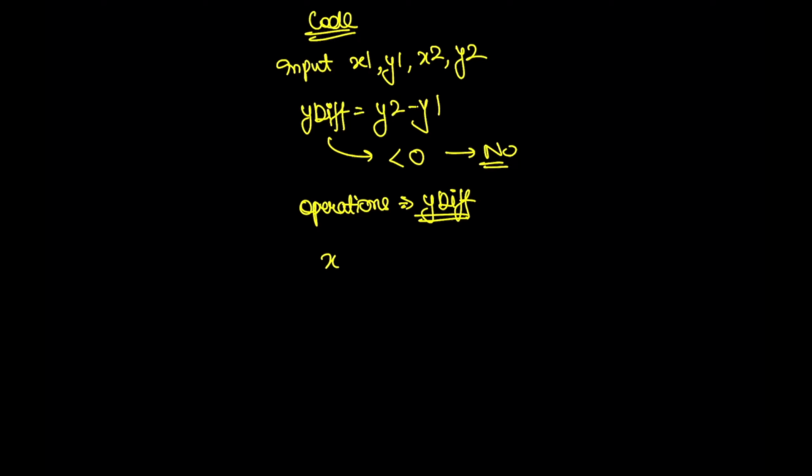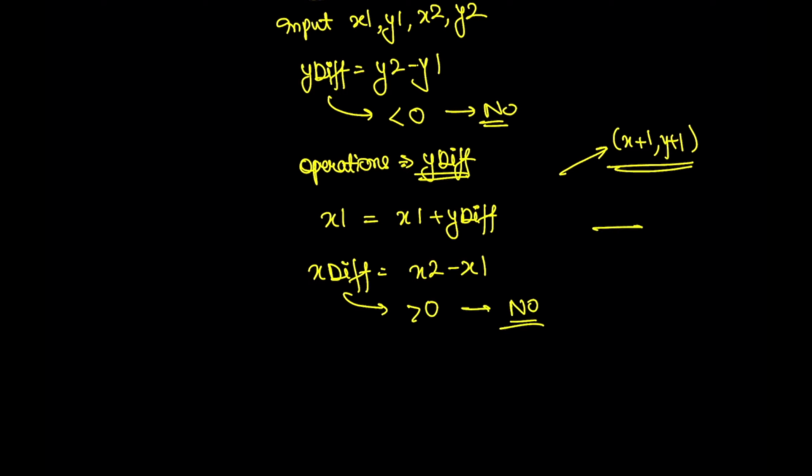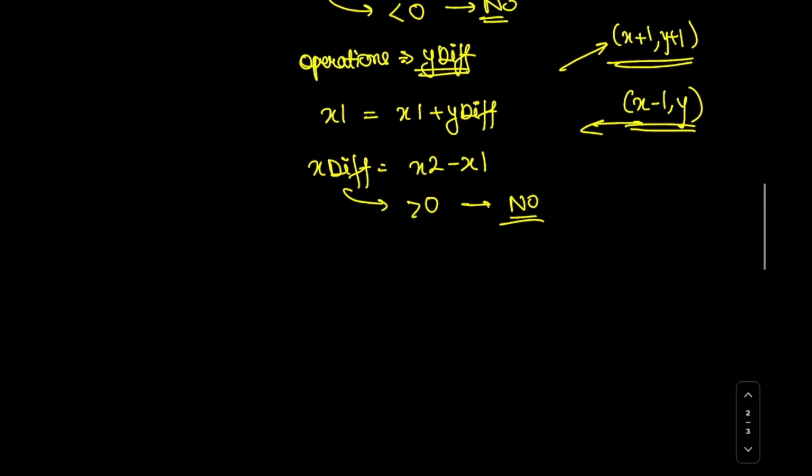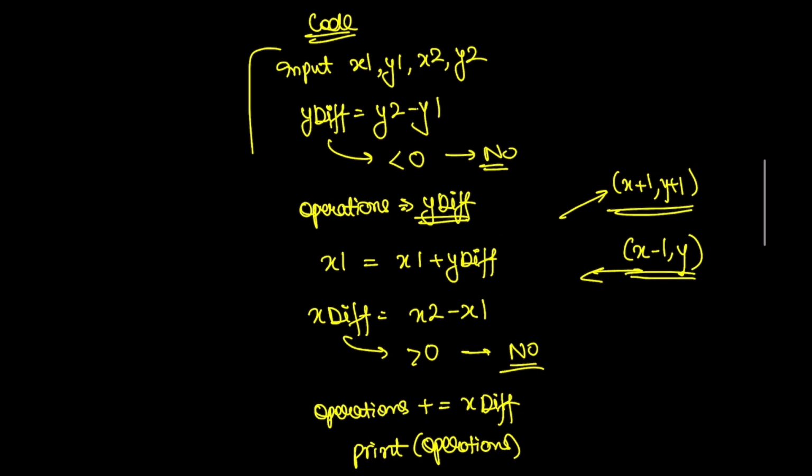And similarly we will increment our x1 to x1 plus the y diff, because we move like this, x plus 1 and y plus 1. So now we will calculate the x diff, that is x2 minus x1. Now if this is positive, then the answer is again no. Why? Because we can move in the backward direction only. So if this is negative or it is 0, we'll just add that number to our operations variable, and in the end we'll just print our operations. So that's all we need to do in this code.